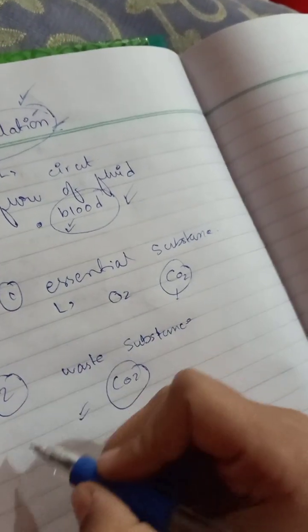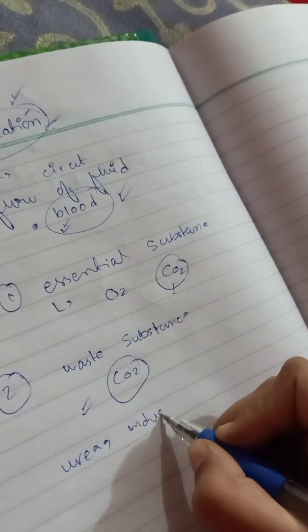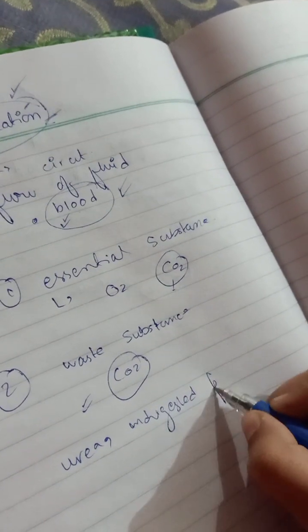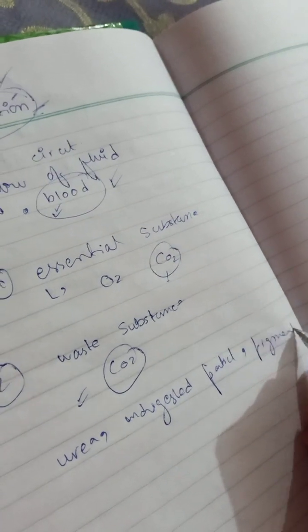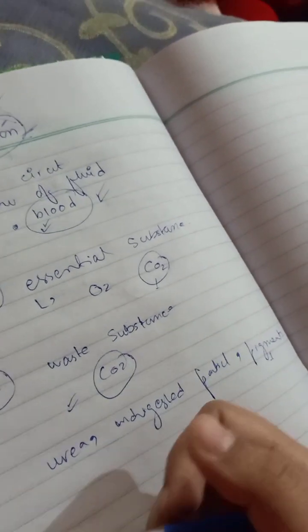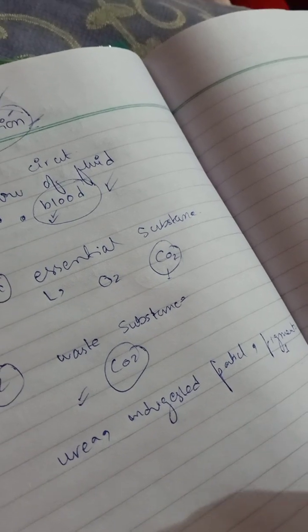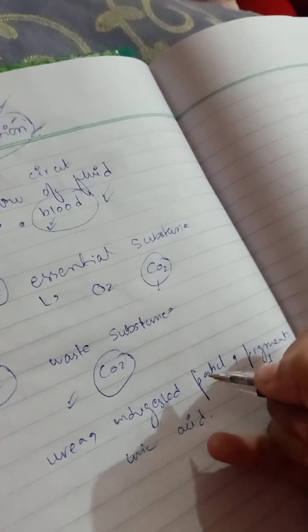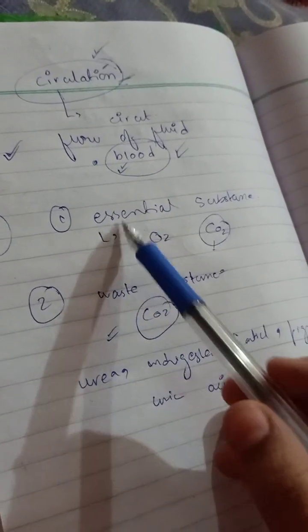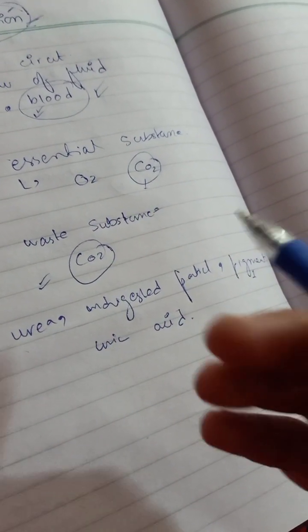We also have many nitrogenous wastes like urea, undigested particles, and pigments coming from the liver, like bilirubin, or uric acid. These are the waste substances. These are the two essential ways through which transportation basically occurs.